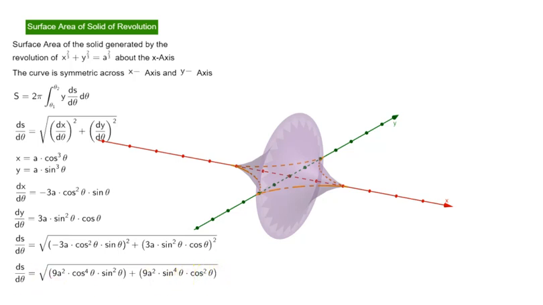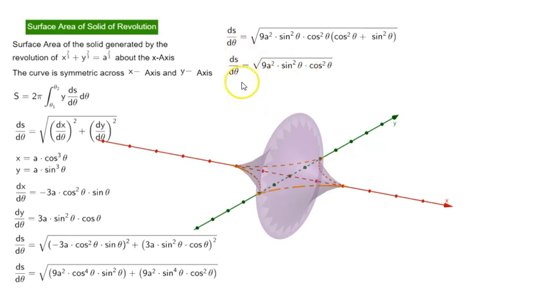Now, here you will notice that 9a square is common, cos square theta is common, sine square theta is common. So let's take it out. We end up with ds by d theta is equal to the square root of 9a square times sine square theta times cos square theta times (cos square theta plus sine square theta). And cos square theta plus sine square theta is 1, so it disappears.